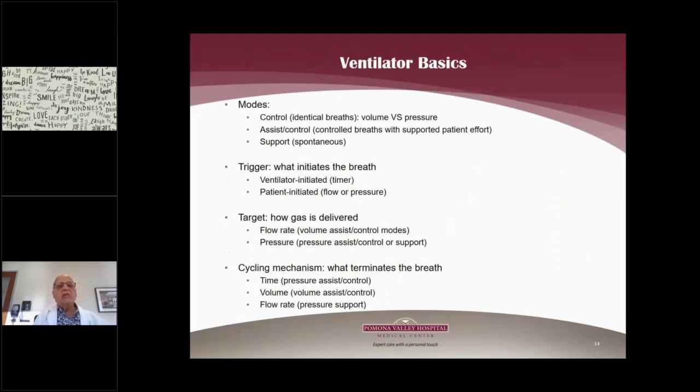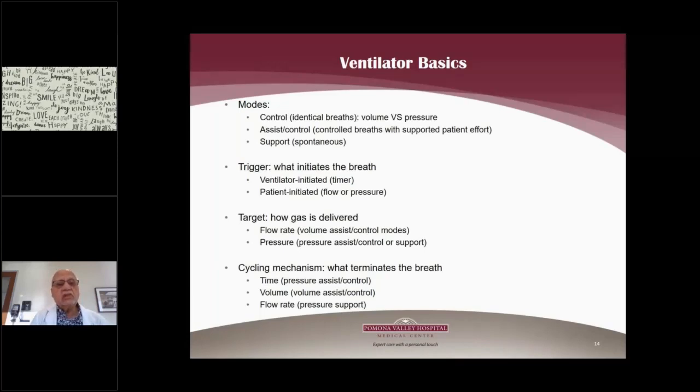A little bit about the ventilator settings and ventilator basics. These are some of the modes most commonly used on mechanical ventilator support once the patient has been intubated: control volume versus pressure ventilation, and assist control and support.